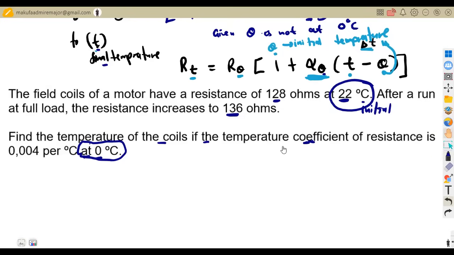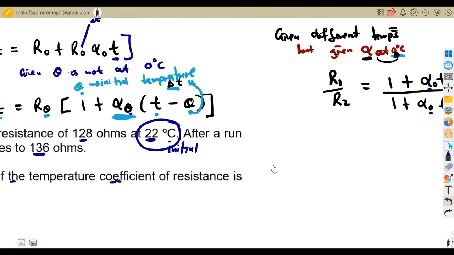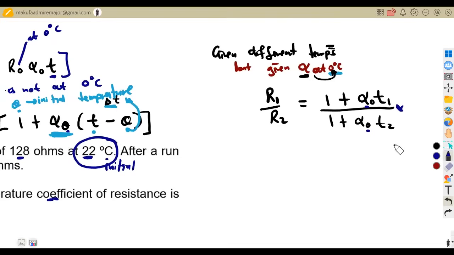So which formula is best to use? We go back to this one that I was explaining. You are given different temperatures, but the temperature coefficient of resistance is given at 0 degrees Celsius.